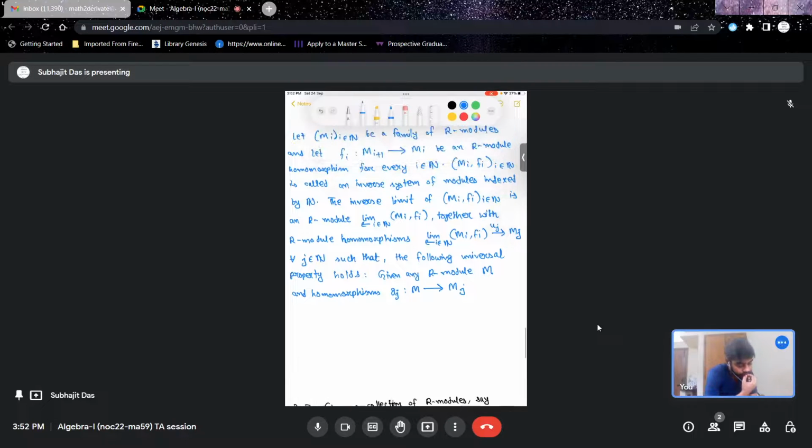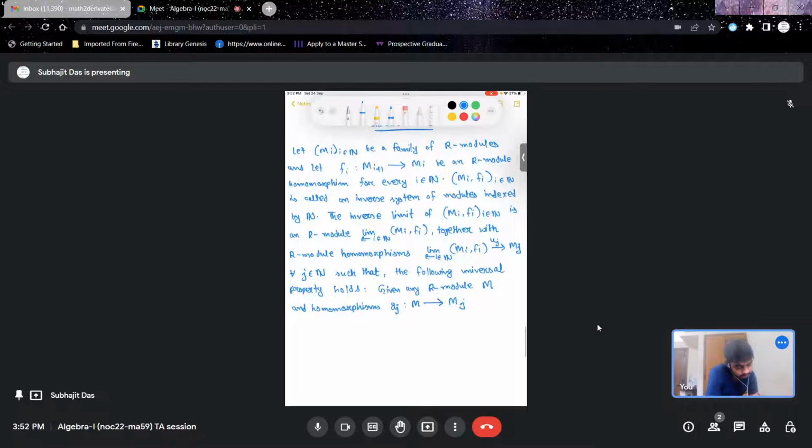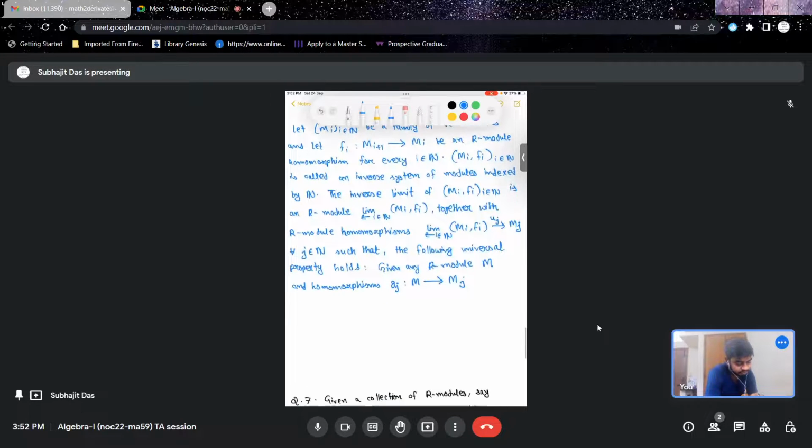Yes, I forgot to mention one thing here: the inverse limit is an R module together with R module homomorphisms.